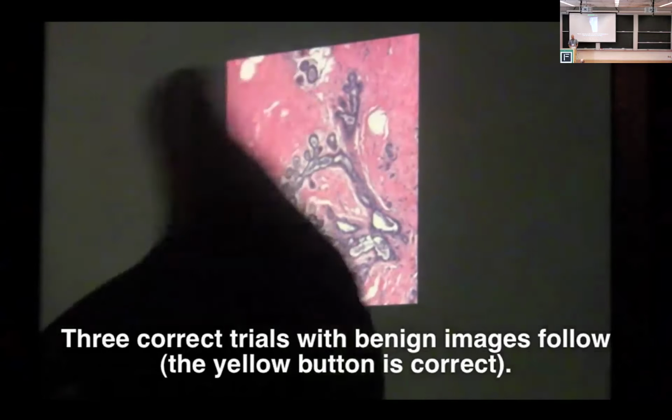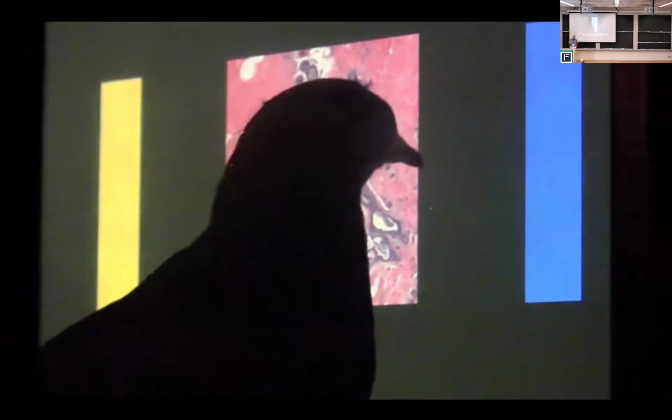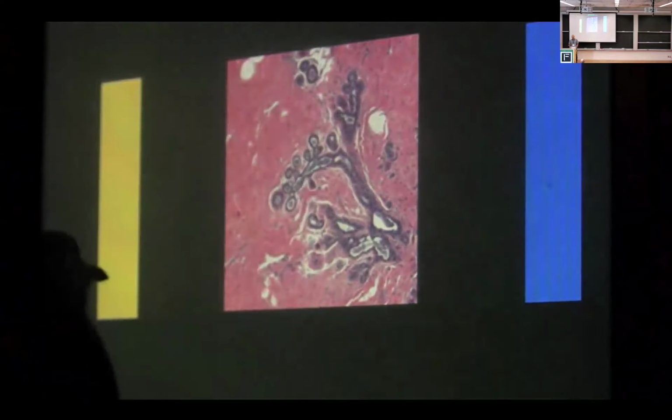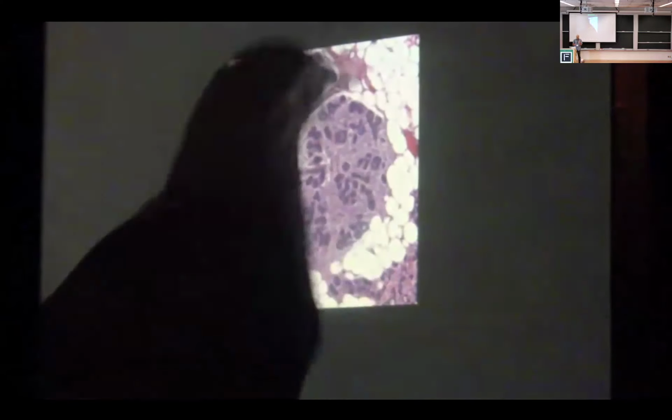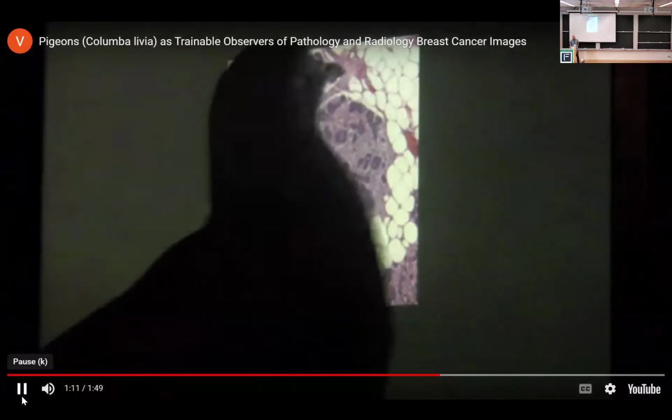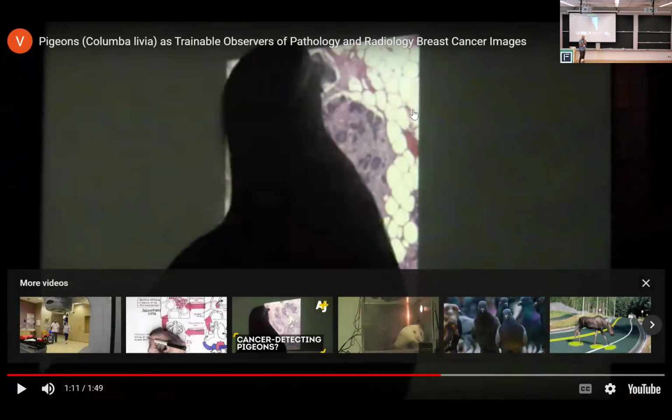And as the pigeon is incentivized with more food, it gradually learns, quote unquote, to tell apart the images as correctly as possible to get more food. And let me pause and ask you another question. So pathologists and radiologists, they train for many years to be able to analyze and make decisions based on medical images.